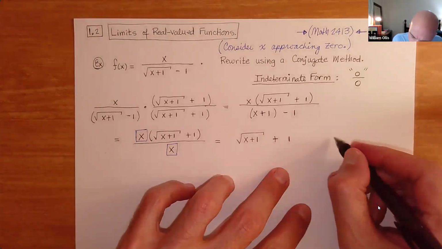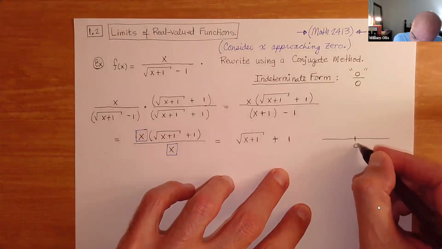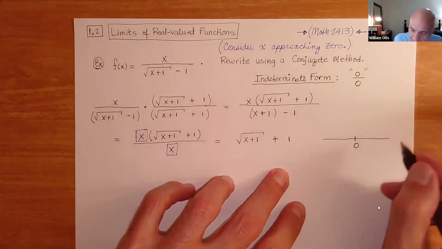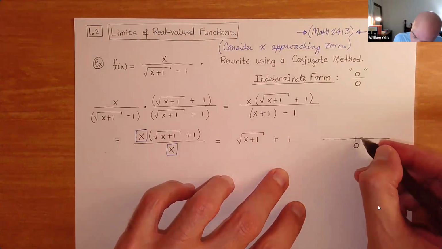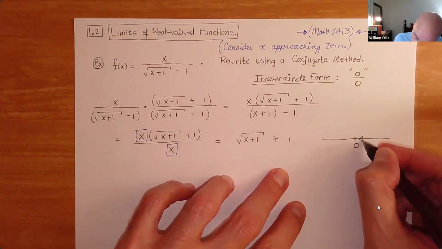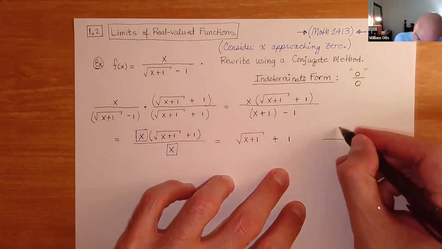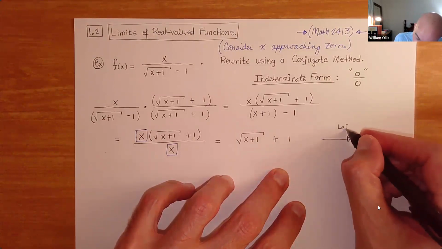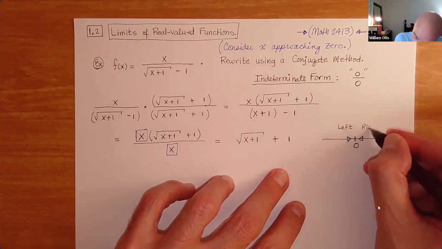So we would think, okay, if we just did a little number line and we had a 0 here, and we know this has to be fairly local. So for instance, we're approaching 0 from positive values and negative values. So this would be like a left approach, and this would be a right approach.